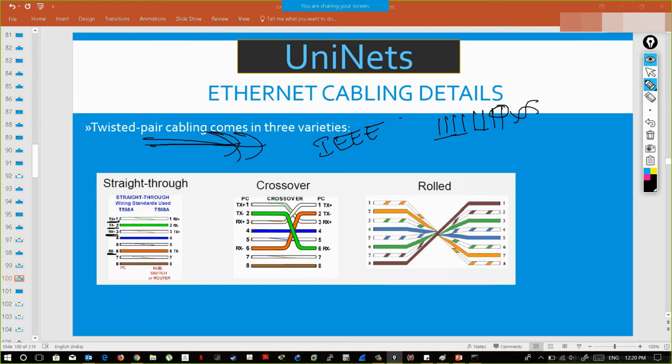Actually, we have types of cable based on duplex, that is straight cable, straight through, crossover, and rolled.